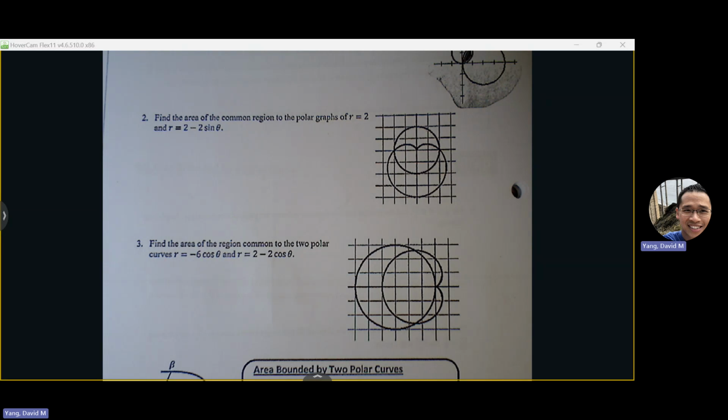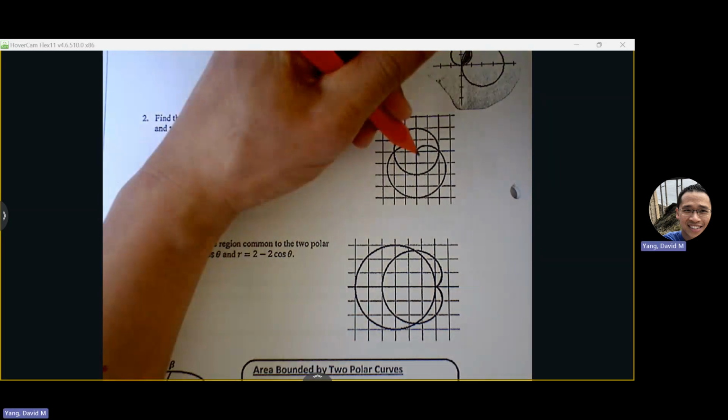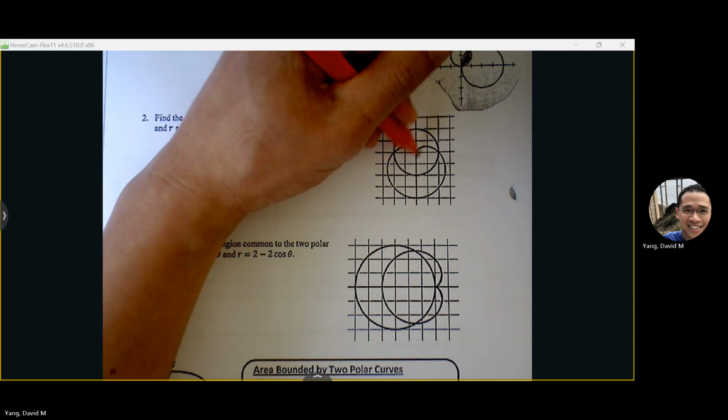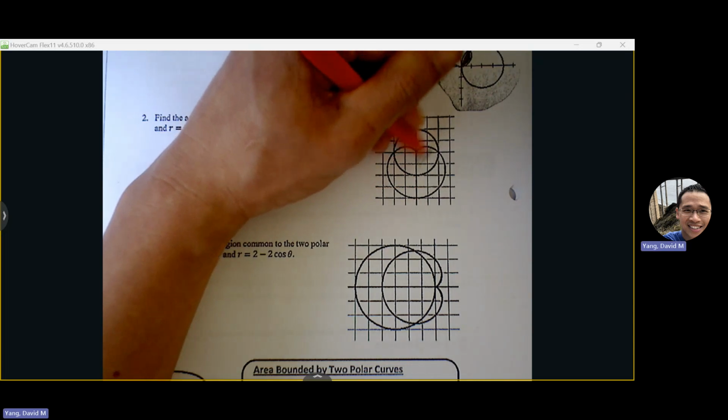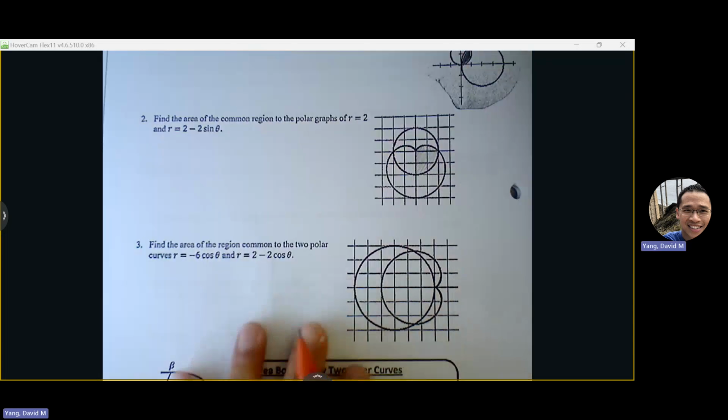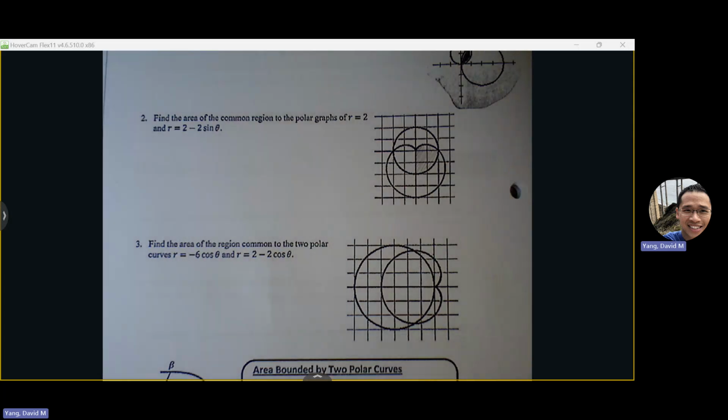So let me just highlight very lightly where that region is. Okay, so ultimately, we're looking for that shaded region. Now I'm going to start at 0 and build my way out.